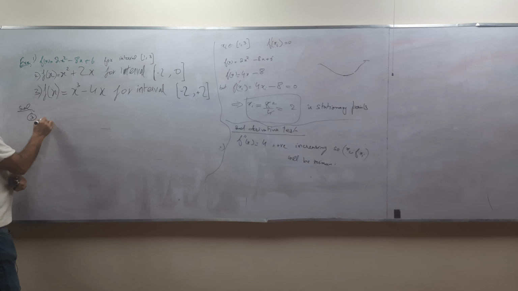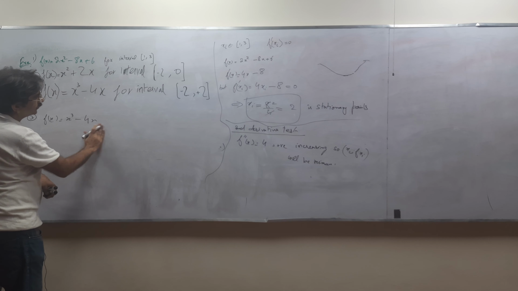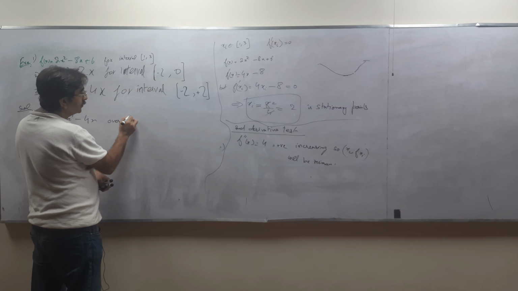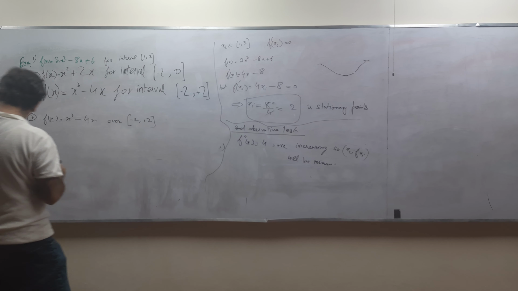Third exercise: f(x) is x³ − 4x over the interval minus 2 to plus 2.